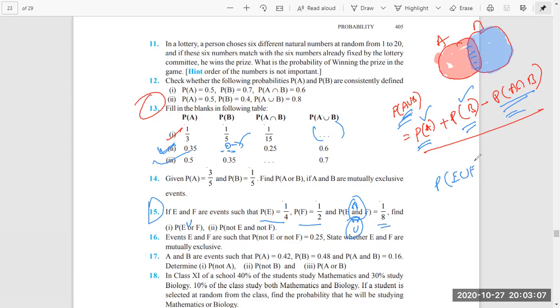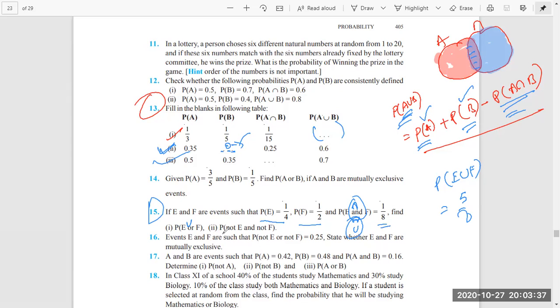Can you find that? 5 by 8. This is nothing but P of E plus P of F minus P of the intersection.